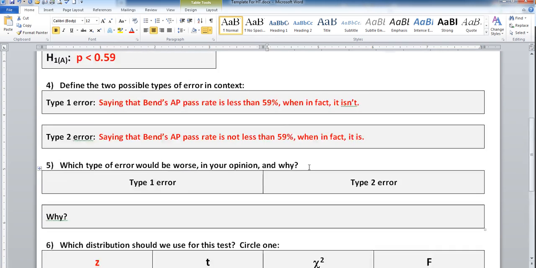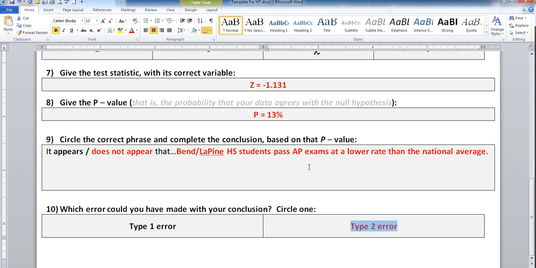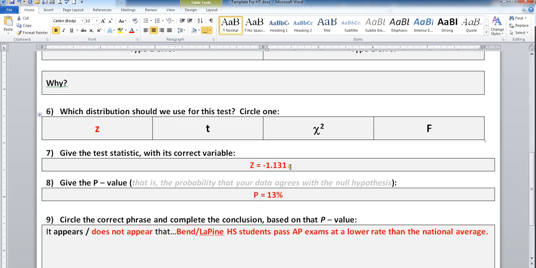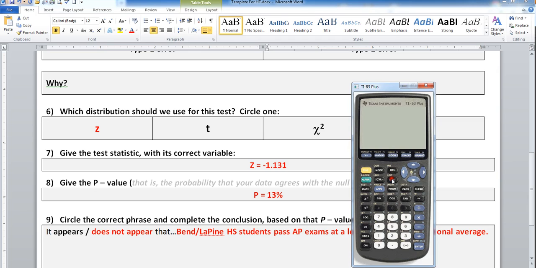So there's your quiz. That's 10 points for you right there. I do want to talk briefly about this. Since I had the data, I don't know if this is the entire population, in other words a census, or if this was a sample. But the numbers I was able to get were 198 AP exams taken and 109 passed. Now, if that in fact is the population of all the values, then technically speaking, you wouldn't run a hypothesis test, would you?